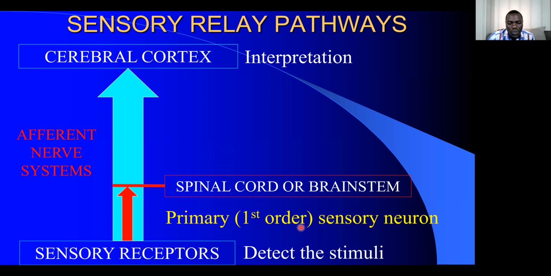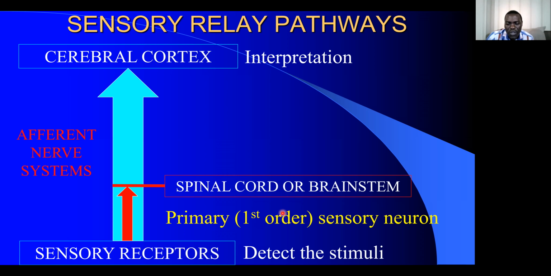What does that neuron do? That neuron carries signals from the sensory receptor to the spinal cord or the brainstem. For that reason, this neuron will most likely have its cell body outside the central nervous system. Many of such neurons will then have their cell bodies in one collection that we then called sensory ganglion.